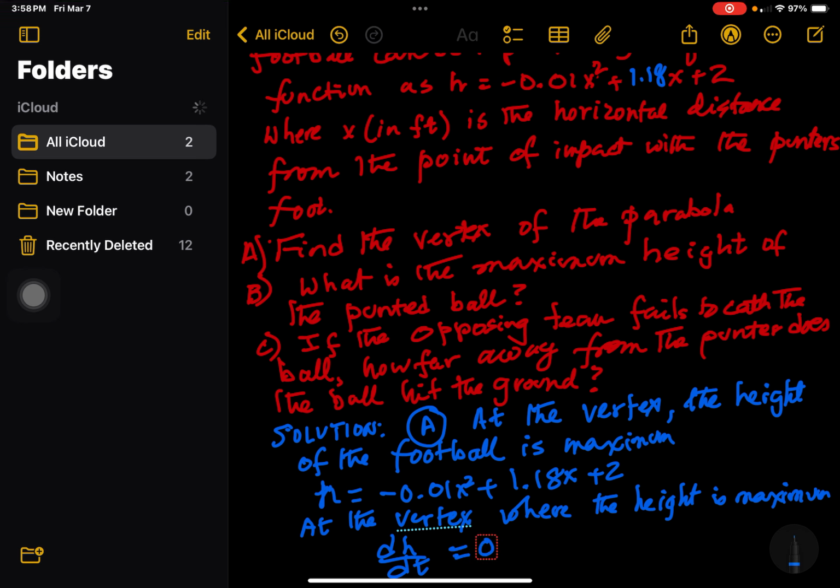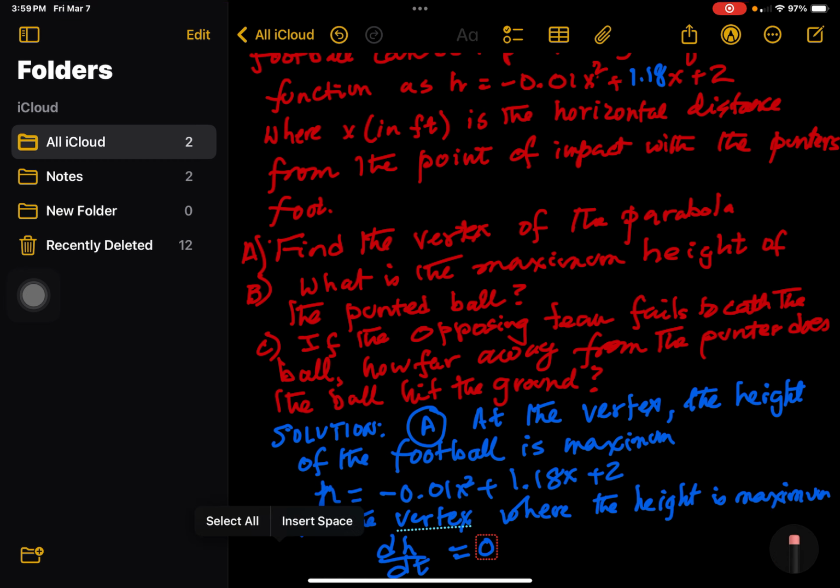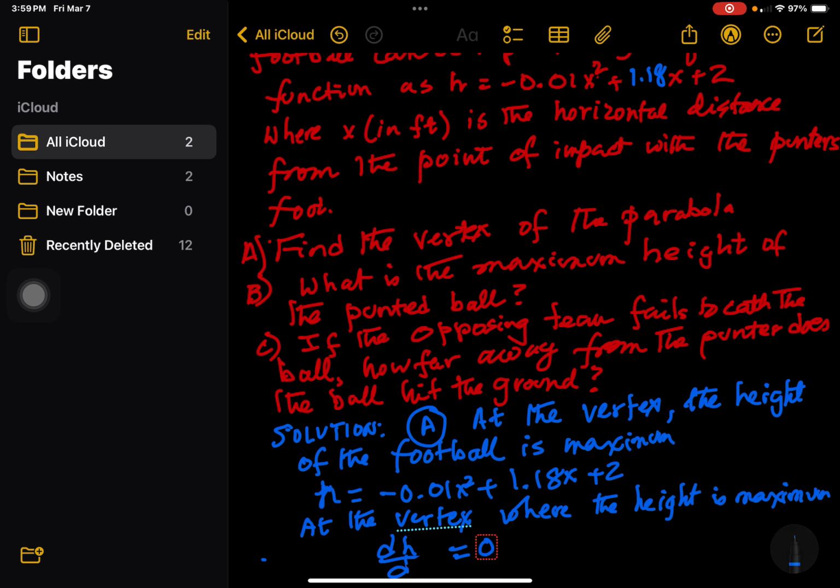Let me correct that, it is dh by dx, because height is expressed as a function of x, where x is the horizontal distance from the point of impact with the punter's foot.